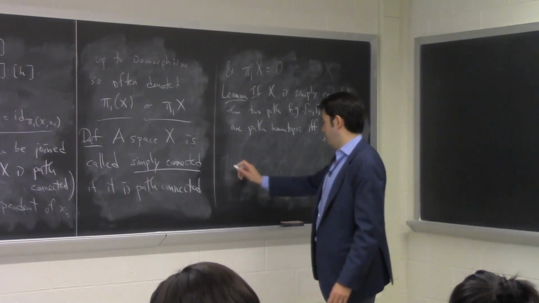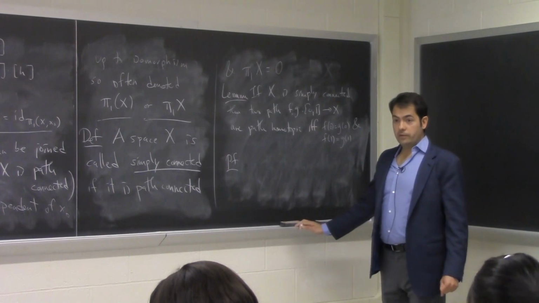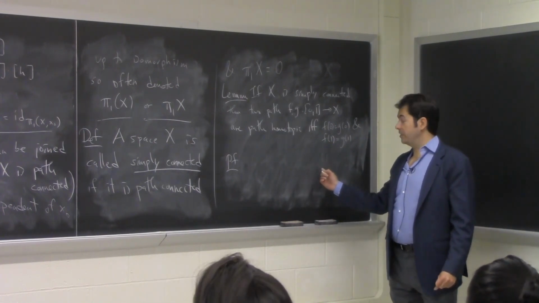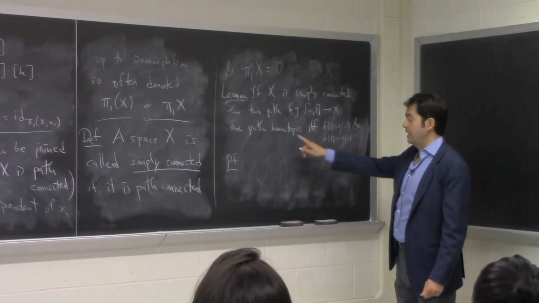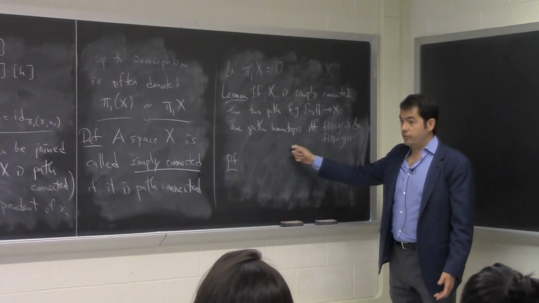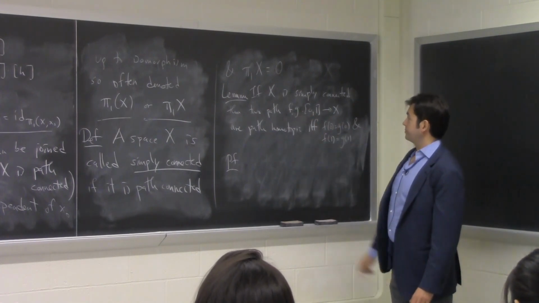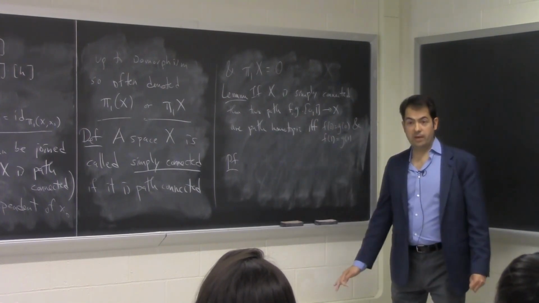So just like in the case of a convex subset, one direction is trivial. If they're path homotopic, then they have to have the same endpoints by definition of path homotopy. So the interesting direction is, let's say they have the same endpoints, show that they're path homotopic.